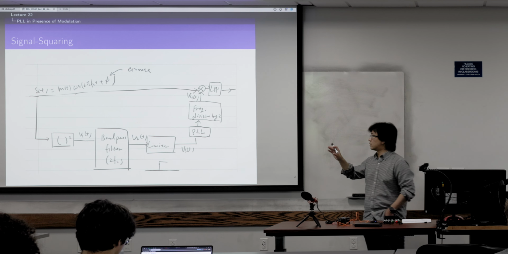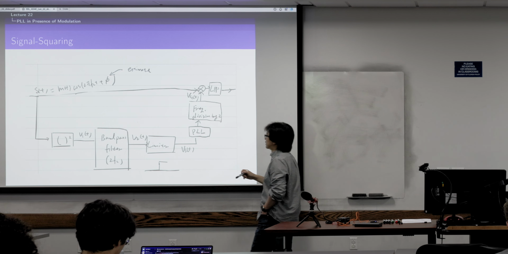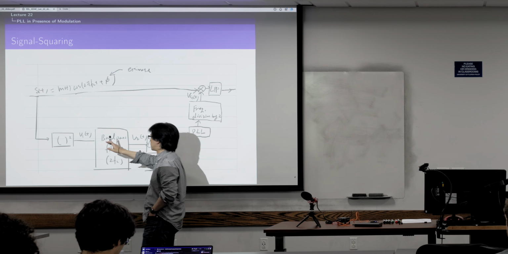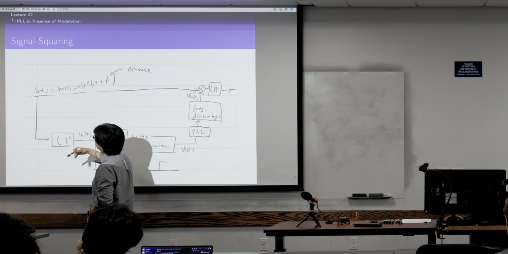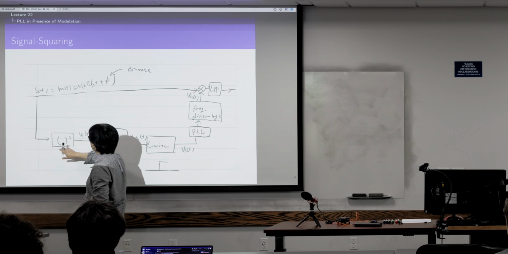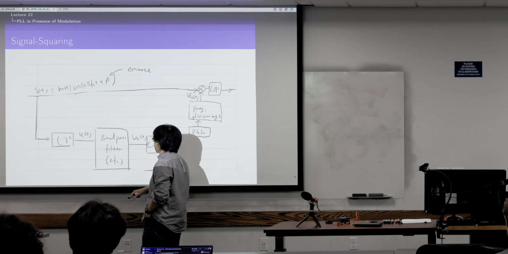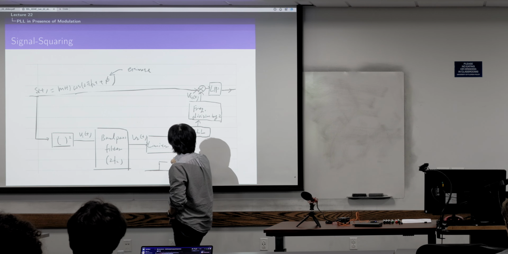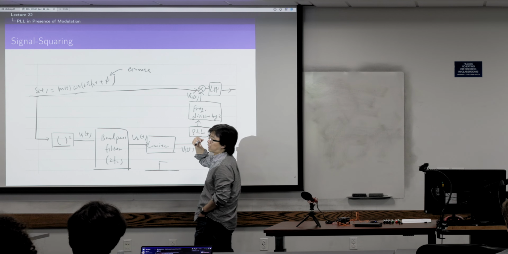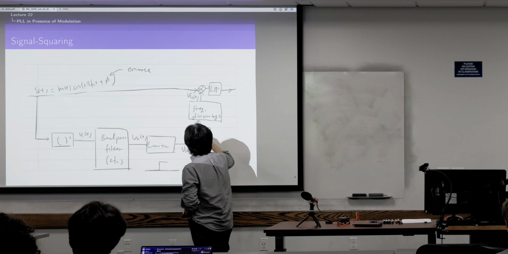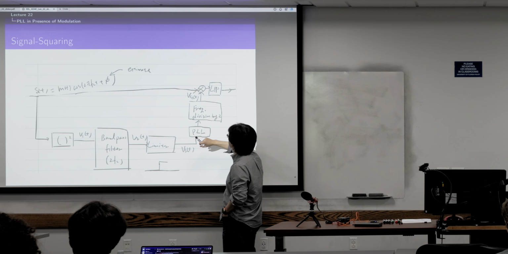And this is the structure of the squaring. So basically, those are the procedures. I'm not going to give a detailed analysis of this again, but we did that in class. So basically, square it first, and then we have a bandpass filter, right? And then we have a limiter, and then we pass everything through a PLL here to get rid of all the higher frequency components. And after that, we do a frequency division by 2.